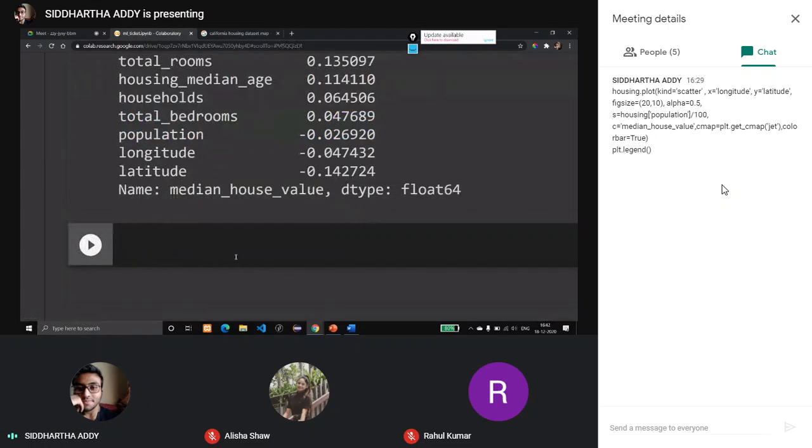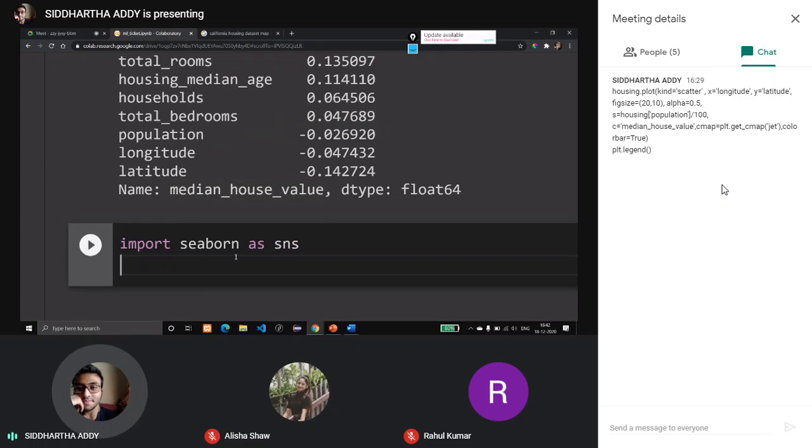So I am going to show you a modern way that you can do this thing. The same thing, but in a very modern way. Most of you have not heard about this library known as Seaborn. It is a library that is built on Matplotlib and NumPy, and it is used for advanced visualization.